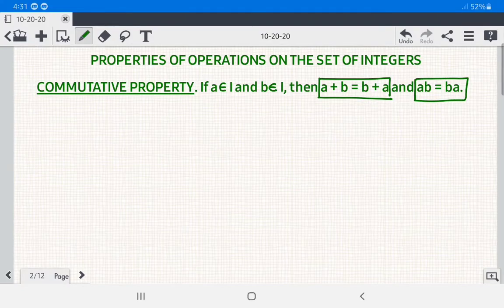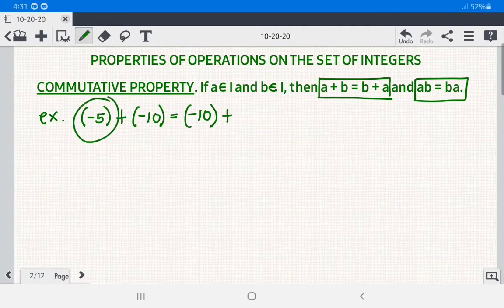Okay, so let us have an example. Let's say we have -5 plus -10. So this is equal to -10 plus -5. Then another example, let's say we have positive 25 times -2.